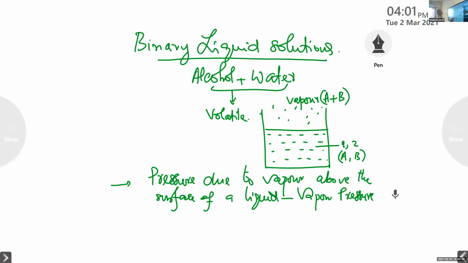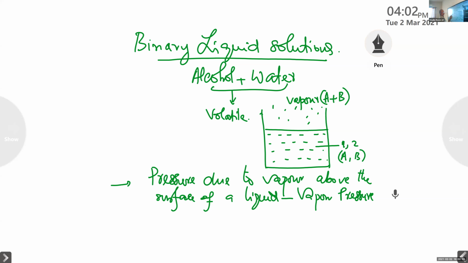Now, if both the liquids are volatile, the vapor is also a mixture of both the liquids. So each vapor will be exerting a pressure.